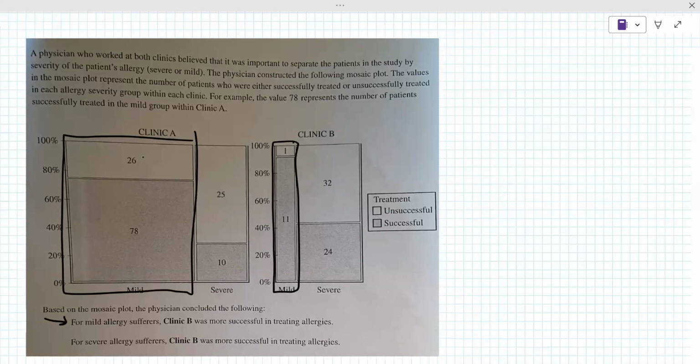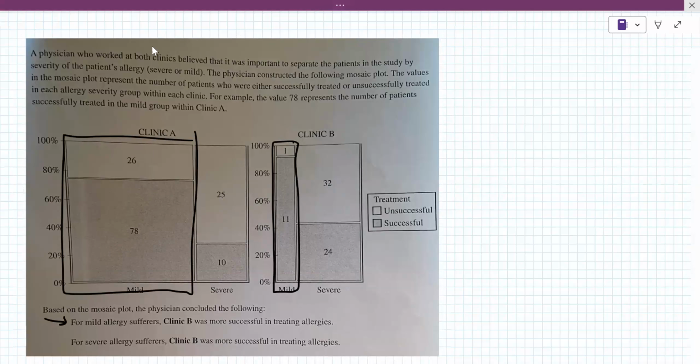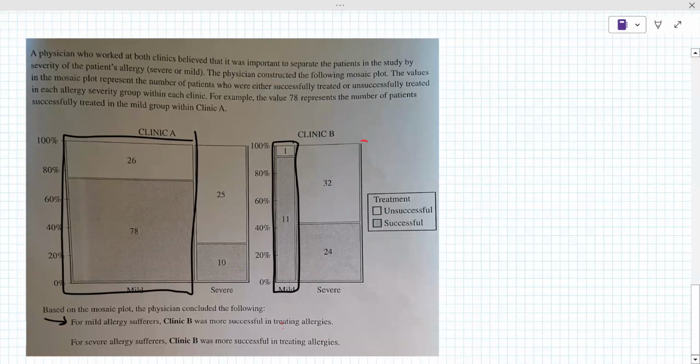For severe, he's saying clinic B was also more successful. He's looking at the rectangles and the areas or the proportions, or at least that's the claim.